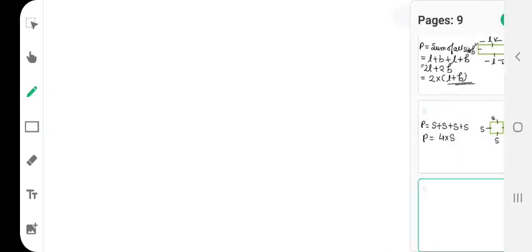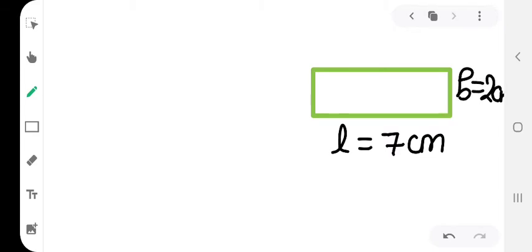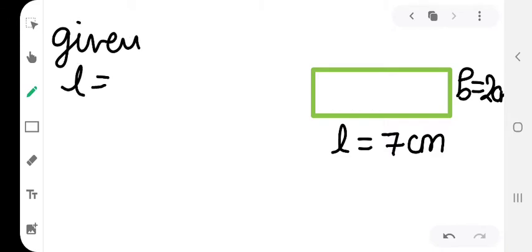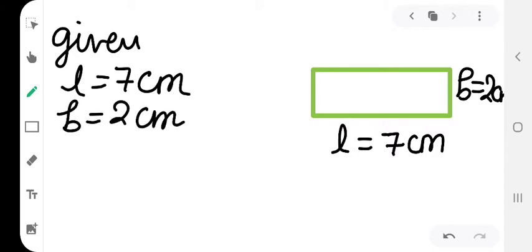Now let us take an example from the perimeter of rectangle. Let's say this is a rectangular field with length equal to 7 centimeter and breadth equal to 2 centimeter. Given is length is 7 centimeters and breadth is 2 centimeter. Now you have to find out the perimeter for this rectangle.